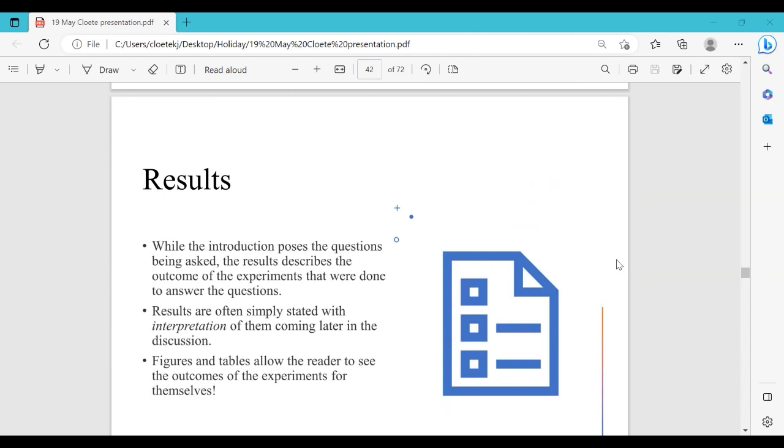So make sure these three parts of your paper one day, or what you are reading in a journal article, make sense. Do the results cover all of the aims and the objectives of the study? And do the methods that they use support the actual outcomes?